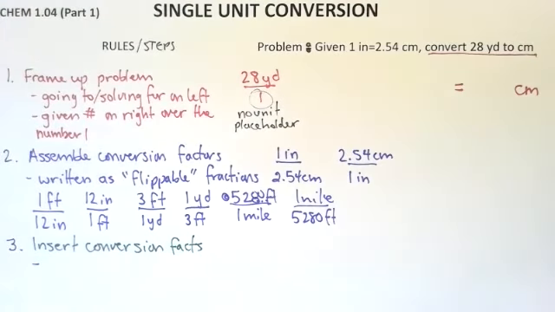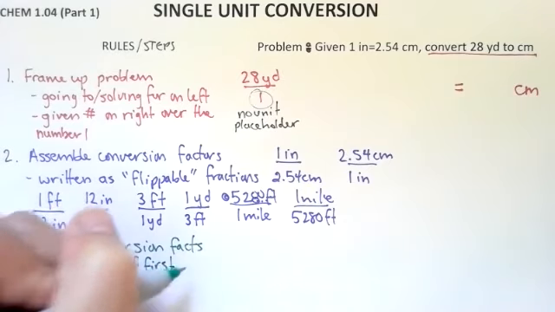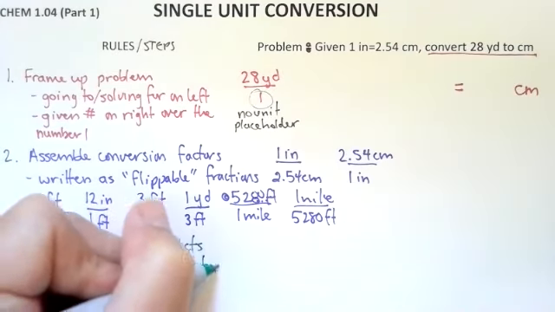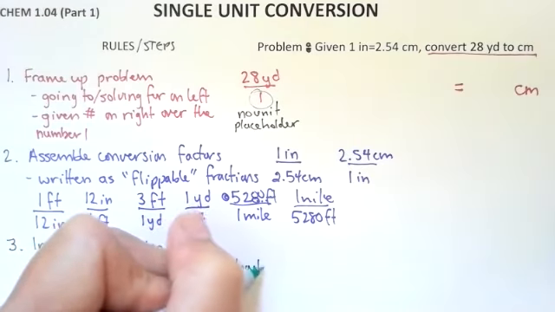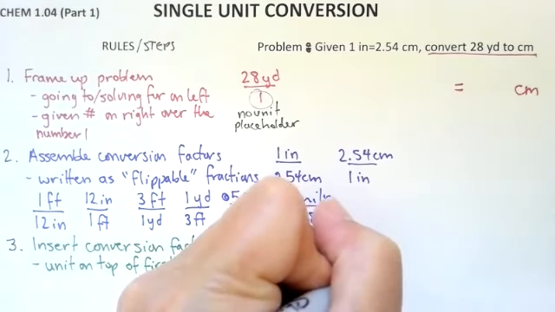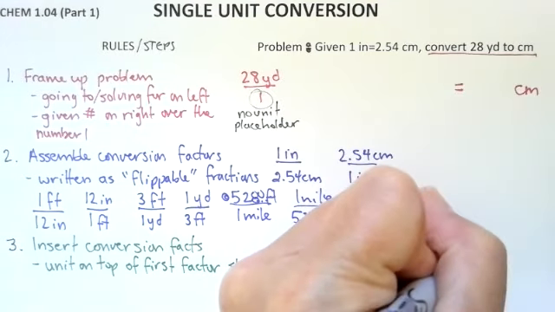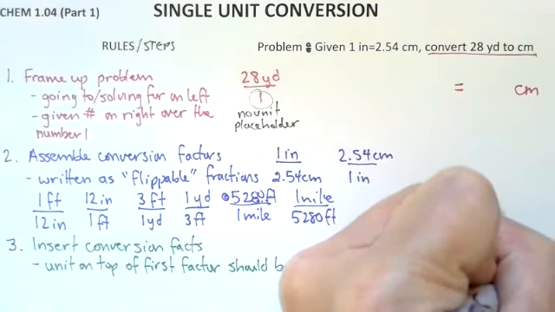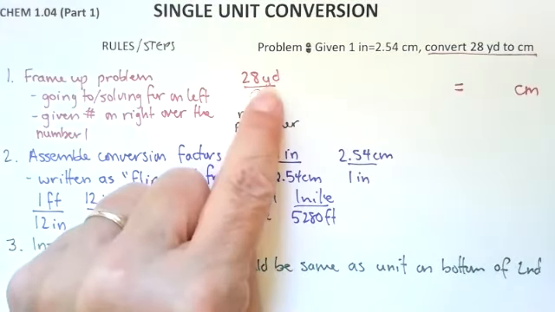And you're going to do this so that the unit on the top of the first factor should be the same as the unit on the bottom of the second factor. In other words, I have yard on the top of this first factor.